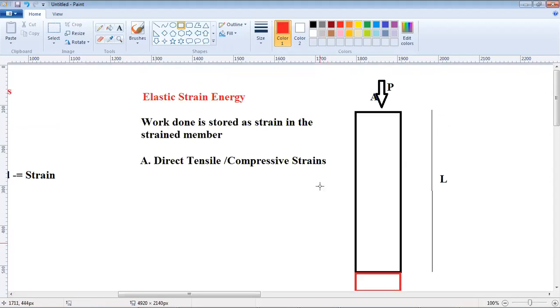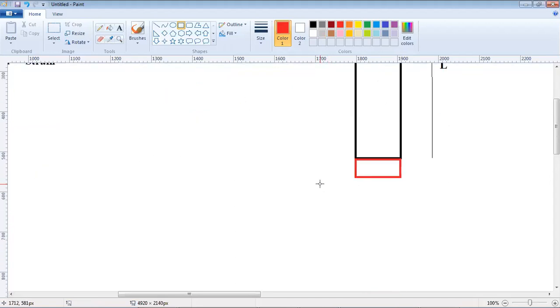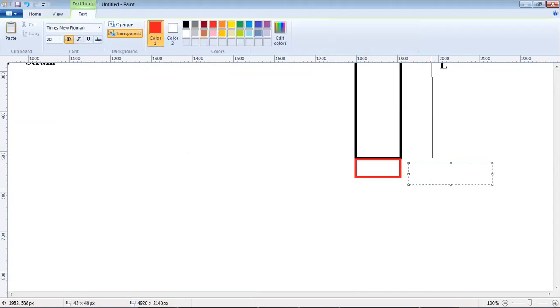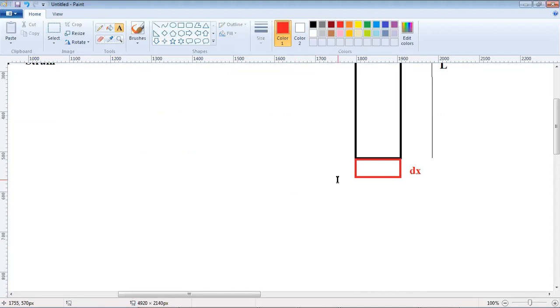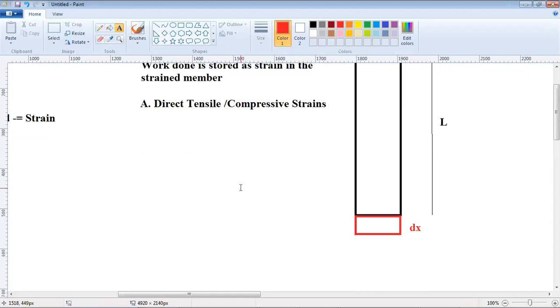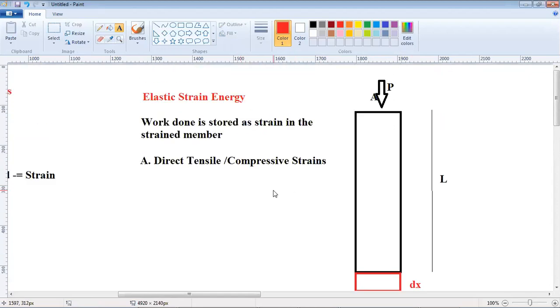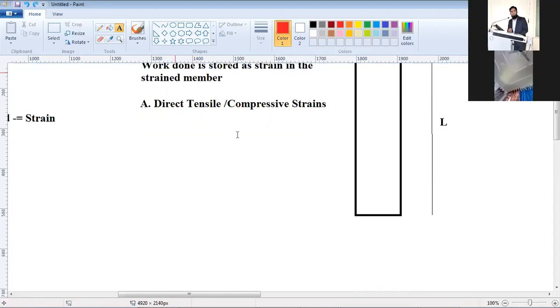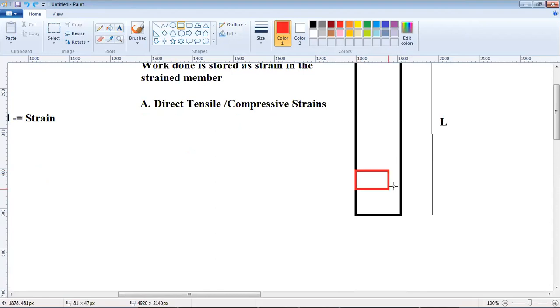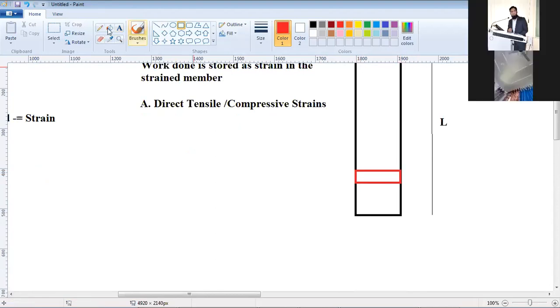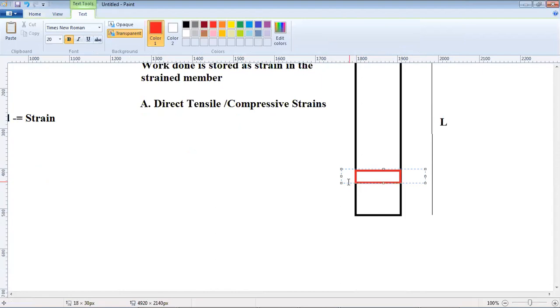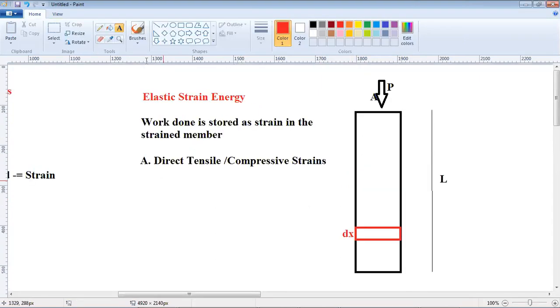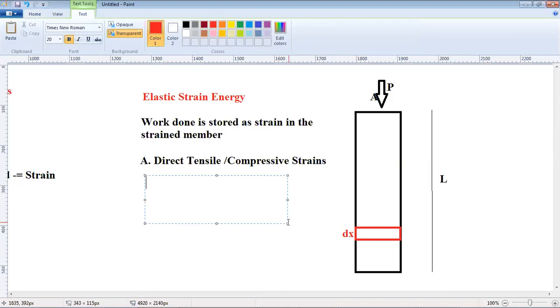Now this much extension that is happening due to load in this column, for example, if that is dx, if the extension is in the length dx, what will be that extension? Or we can take this in this manner, that let's take an element portion dx of this column. Now what will be the extension in the dx portion of the column?